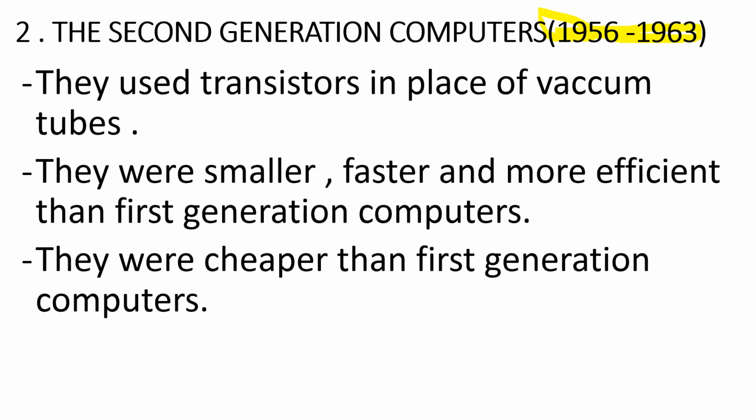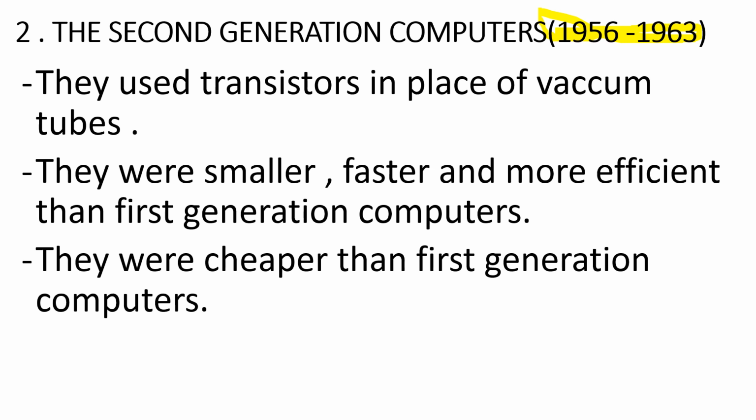Okay. Now, since they used transistors, they were very smaller in size as compared to the first generation computers. They were smaller, faster and more efficient than the first generation computers.